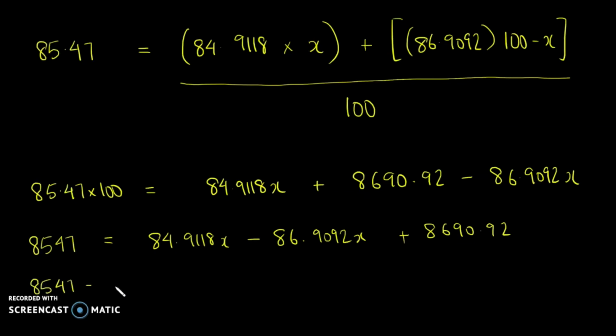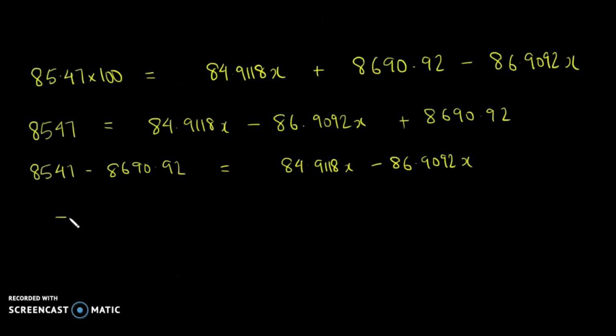Let's bring this to the other side, and we would get 8547 minus 8690.92 equals 84.9118x minus 86.9092x. And now we can finally solve.